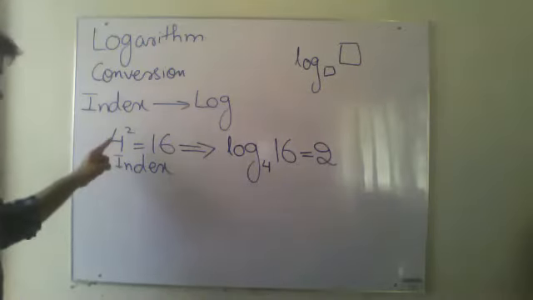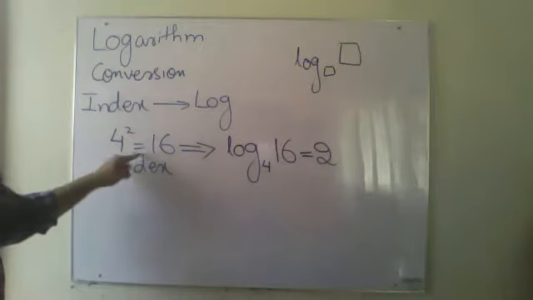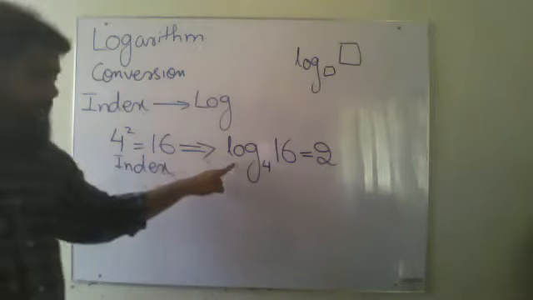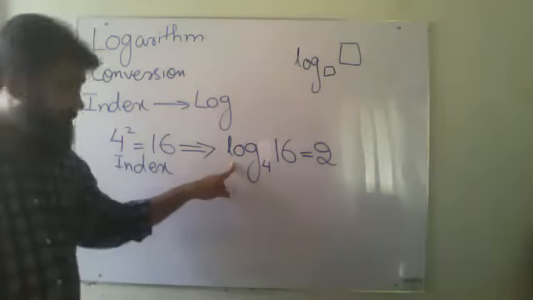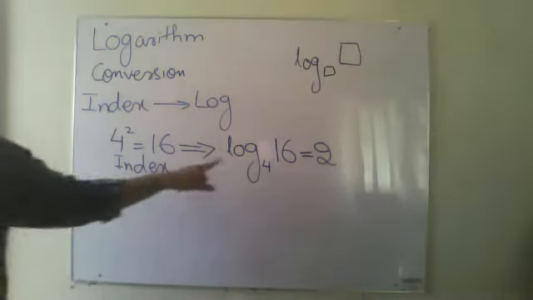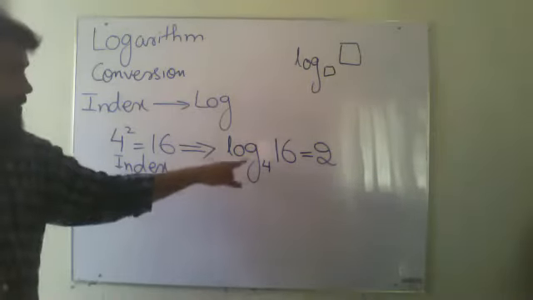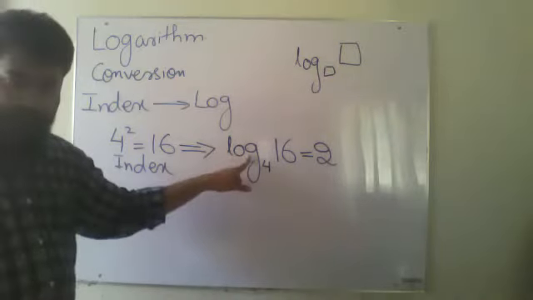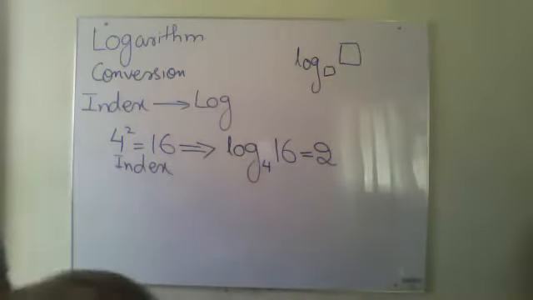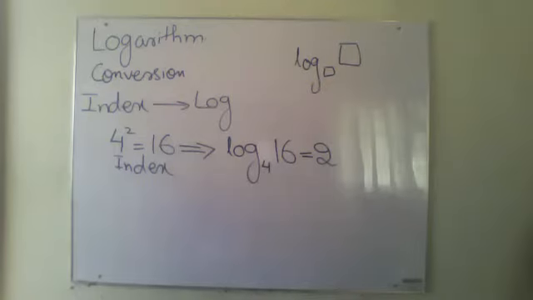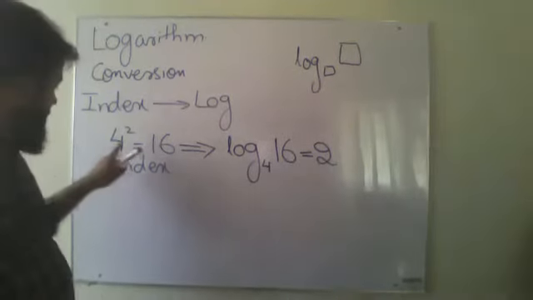If it is written like this, any base with a power equals some answer, this is called index form. When I write it into log form, the base over here will become the base on the other side also.